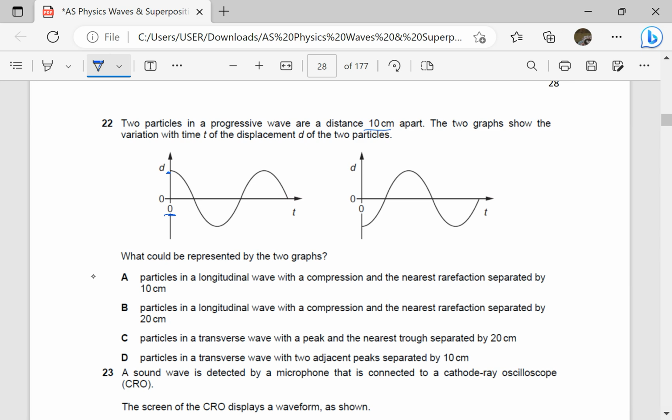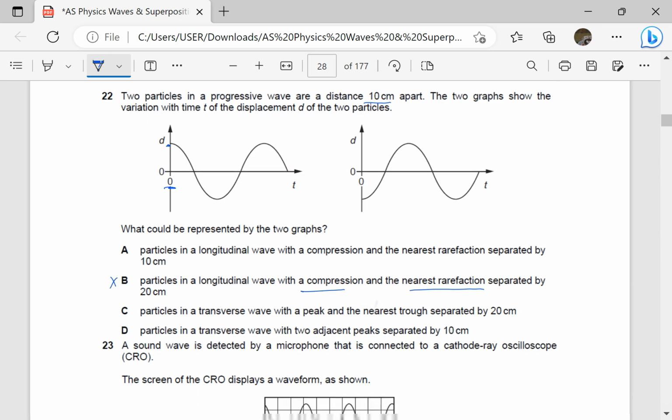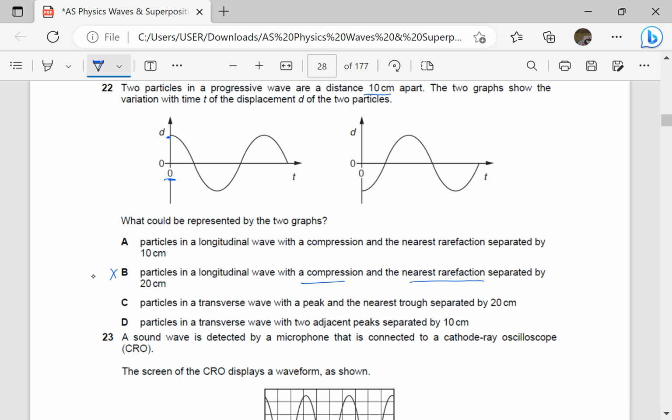So this is going to be the distance between a compression and the nearest rarefaction being twice the distance between the two particles. This is not true.